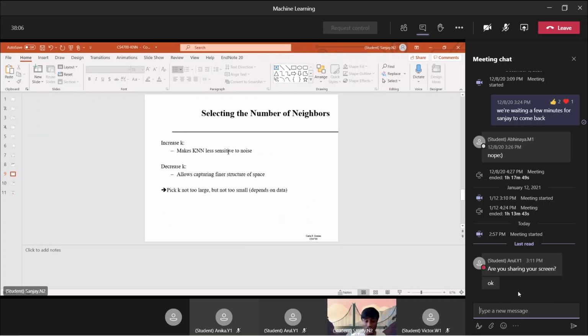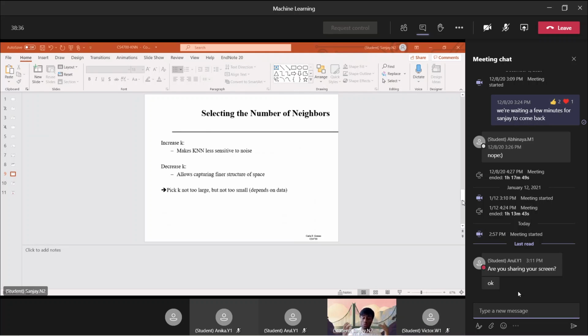And if you decrease k, it allows you to capture the finer structure of the space. Essentially, your algorithm will get a better understanding of how the data boundaries are shaped. Because if you make k very large, each new example will encompass a lot of the other training examples.